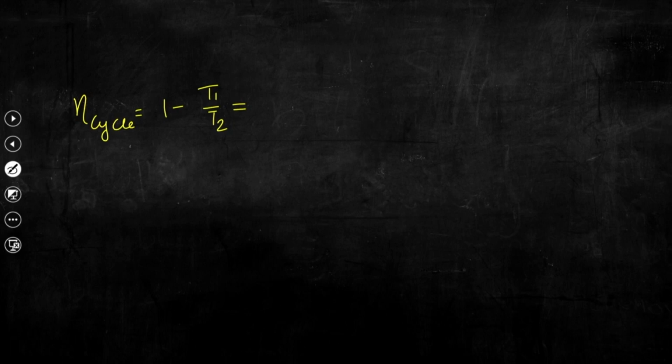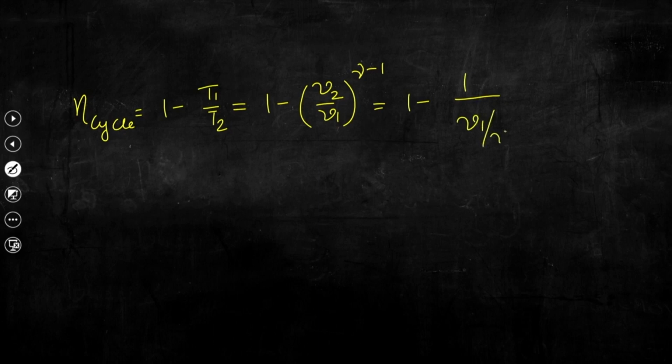Again using this air standard equation we can write 1 minus V2 by V1 power gamma minus 1. So, we can write again 1 minus 1 upon V1 by V2 power gamma minus 1. What is V1 by V2?